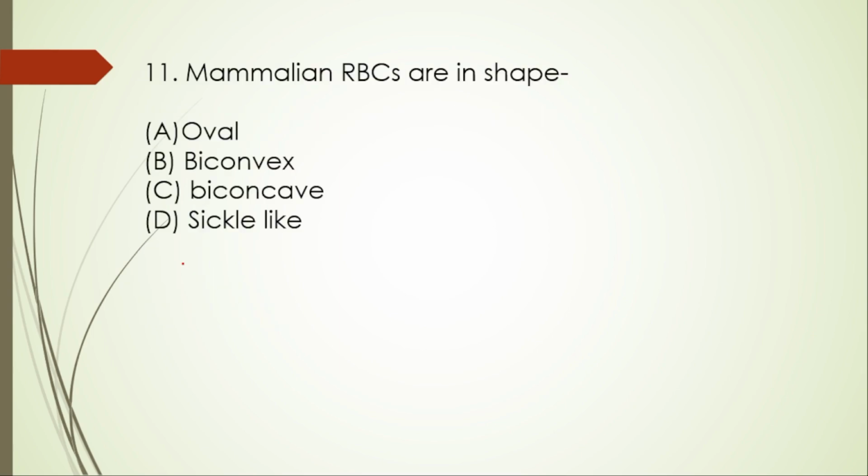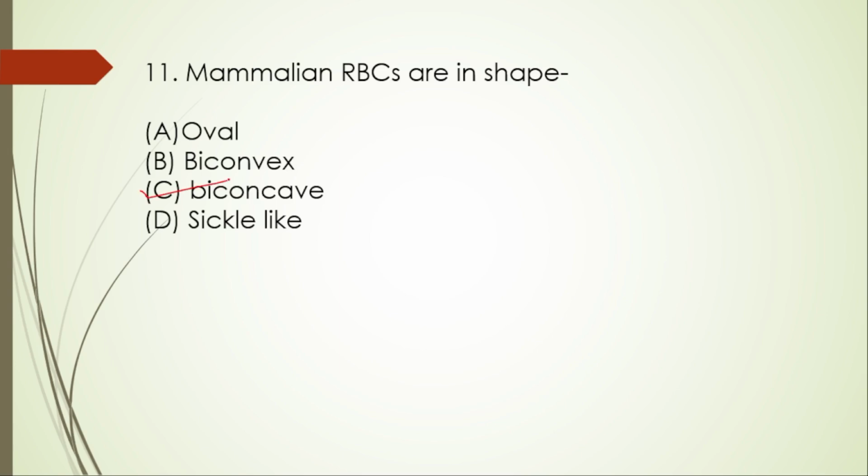Next question, 11th one. Mammalian RBC are in which shape? A, oval, B, biconvex, C, biconcave, and then D, sickle like. So here the right option is biconcave.